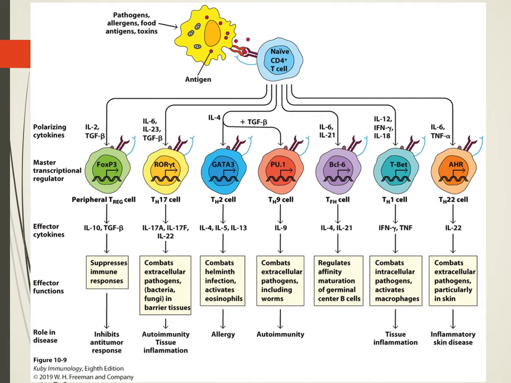T regulatory cells, they're going to use the IL-2 production and TGF beta production, and they induce FOXP3, and then they're going to produce IL-10, which is the big one that gets looked at for those. So IL-10 production, and so they're going to help to suppress the immune function.